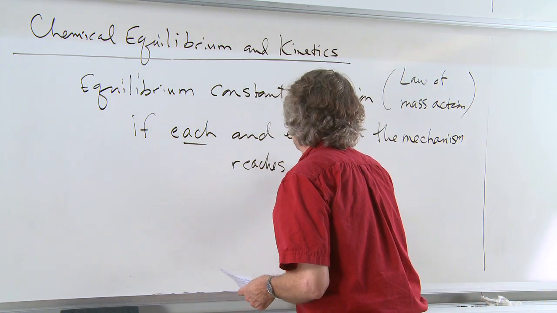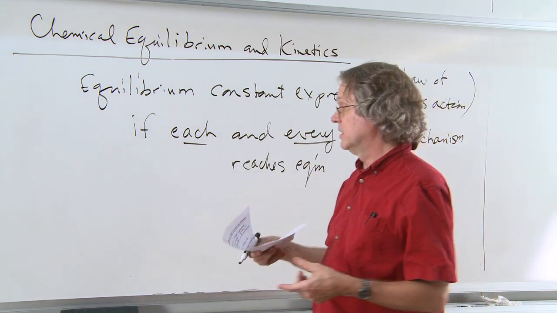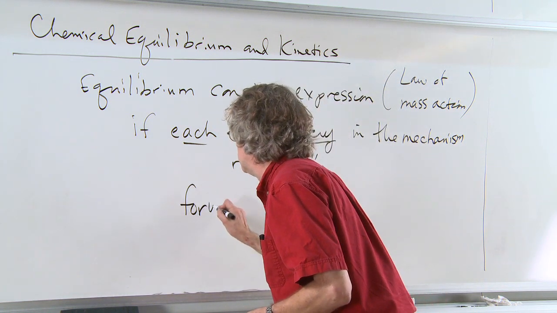So the reaction is still proceeding forward and backwards, but all of the rates are balanced. And this is why we often refer to this as a dynamic equilibrium.